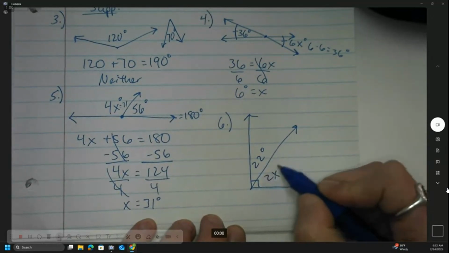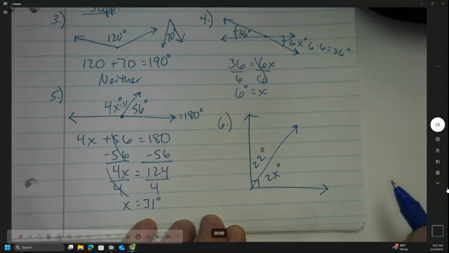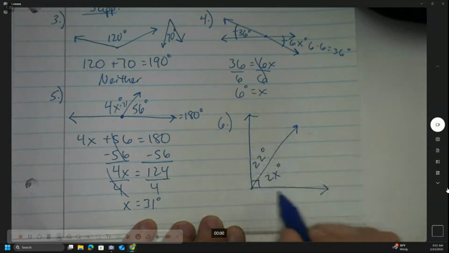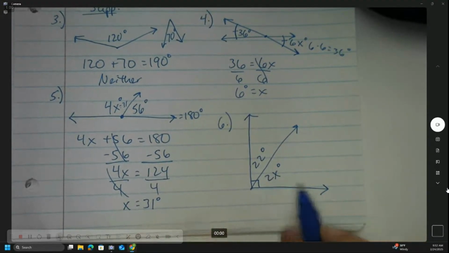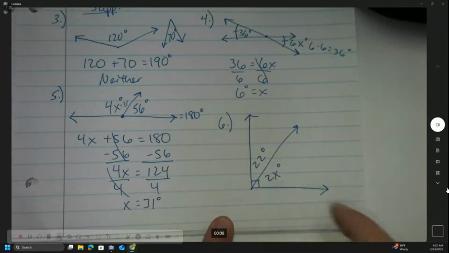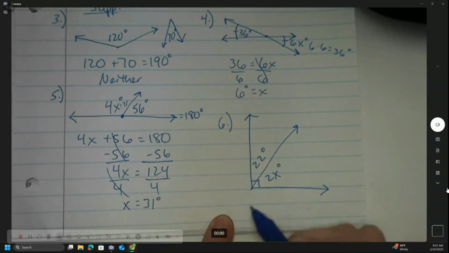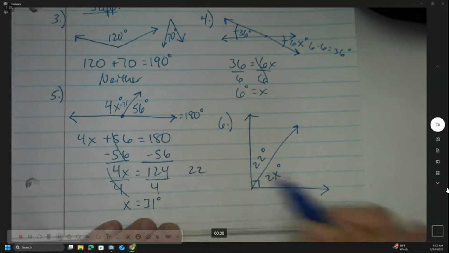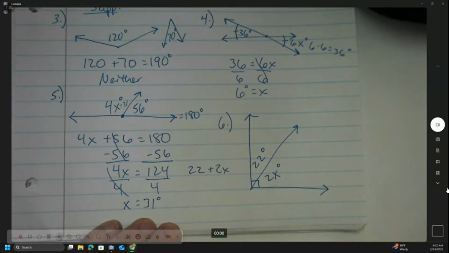This angle is 2 times x amount of degrees. These are complementary angles. These two are complementary. By the way, these were neither. Okay? These are complementary because they're both going to equal 90 degrees. So I'm going to set that up while solving for x. That's going to be 22 plus 2x equals 90.